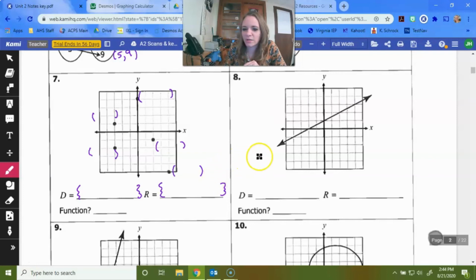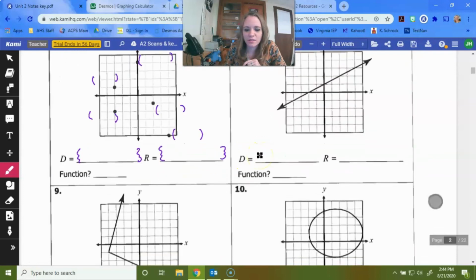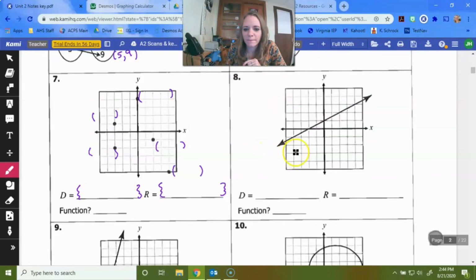Alright, let's see, for this one, I want you to think of our interval notation for number 8. When we go left to right for our domain, we are going left and right forever, aren't we? This will continue this way, and this will continue this way. That means our left and right are going on forever.